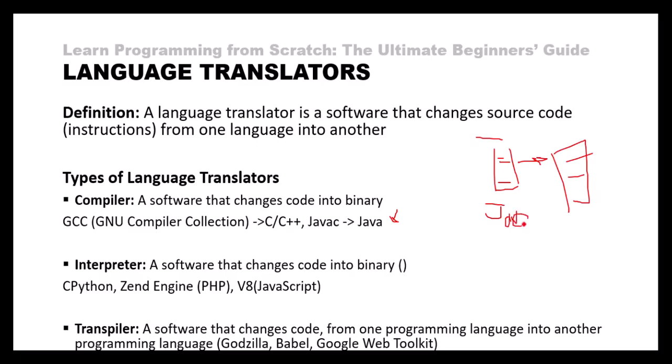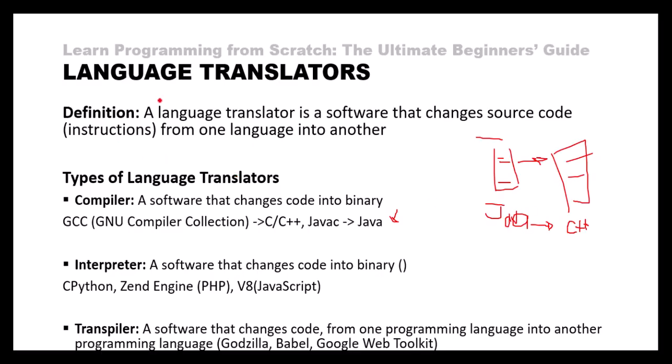Let's say you build software as big as Photoshop in Java, then you realize it's a bit slow, and you want to change it to C or C++. Instead of rewriting all that source code, you get the Java code and run it through a transpiler, which gives you the same code in C++. The same instructions that you wrote in Java are translated into C++, and it works exactly the same way, but in the C++ environment.